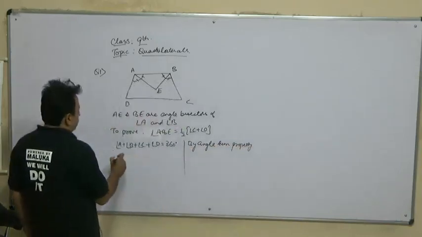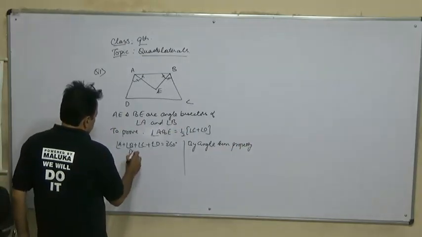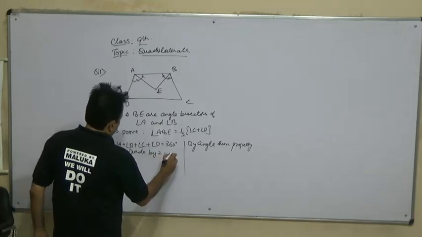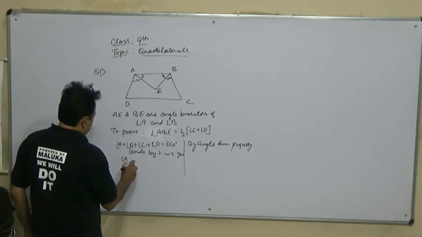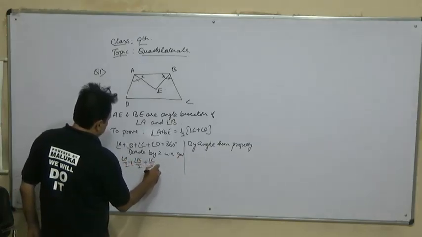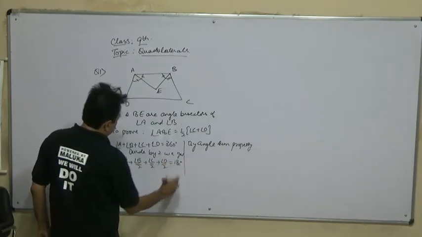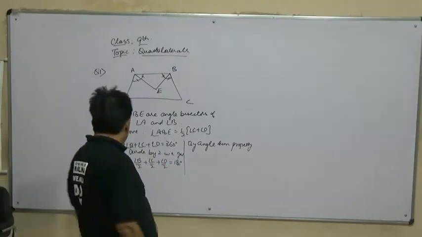So dividing by 2, we get angle A by 2 plus angle B by 2 plus angle C by 2 plus angle D by 2 is equal to 180 degrees.